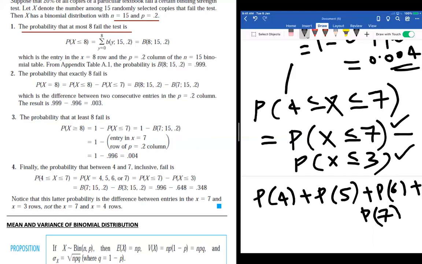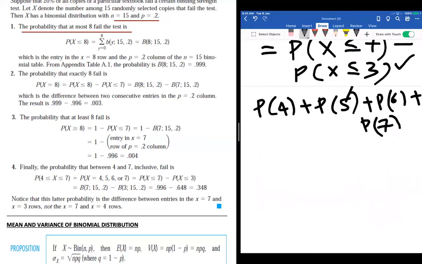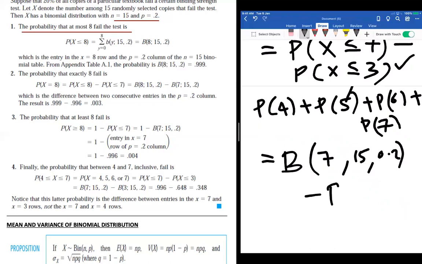So this is equal to capital B of 7, n equal to 15, 0.2 minus capital B of 3, n equal to 15, 0.2.